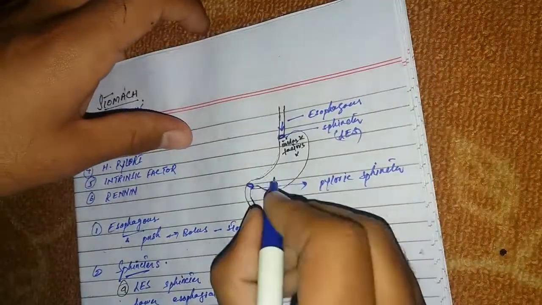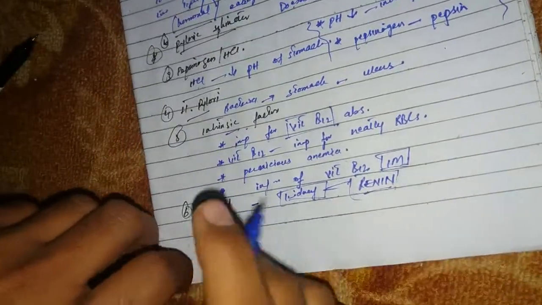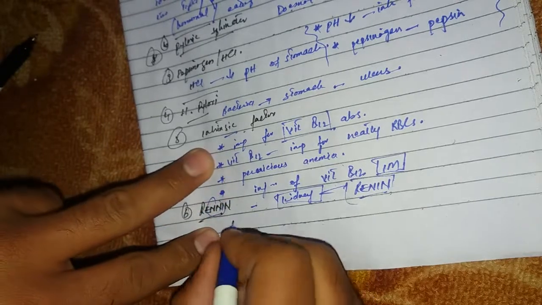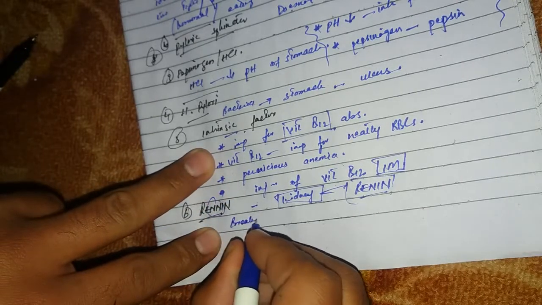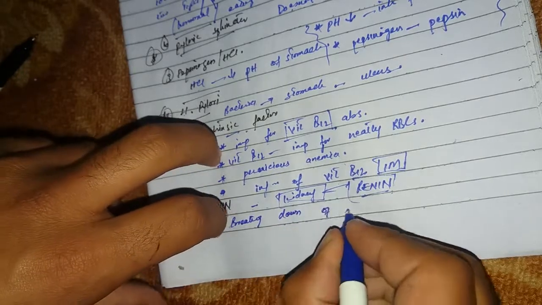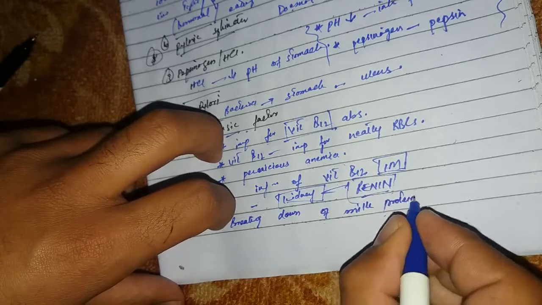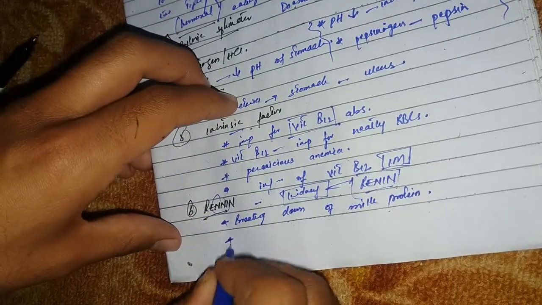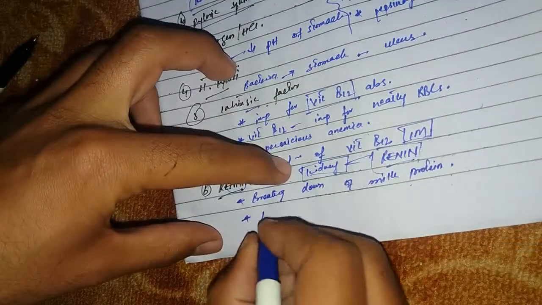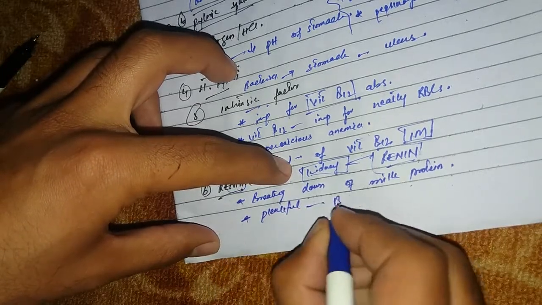It is also present in the stomach. What does rennin do? It breaks down milk protein. And it is present in plentiful amount in babies.